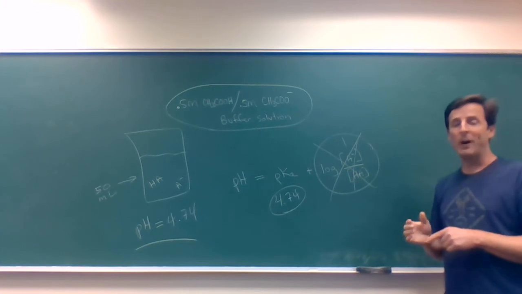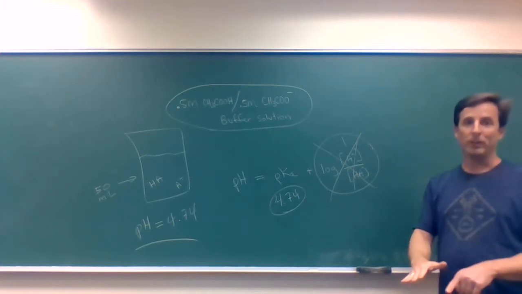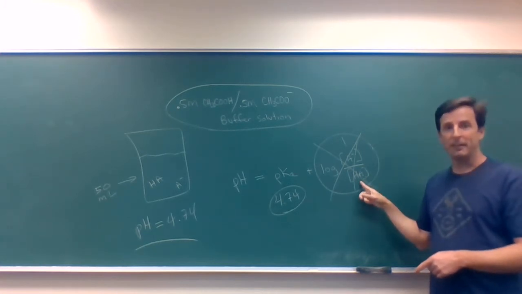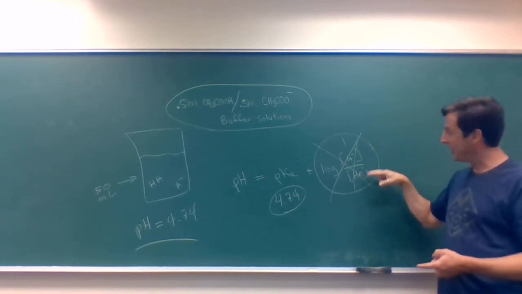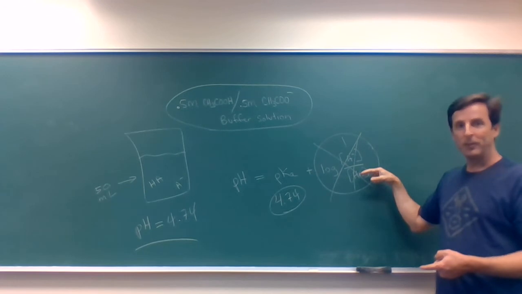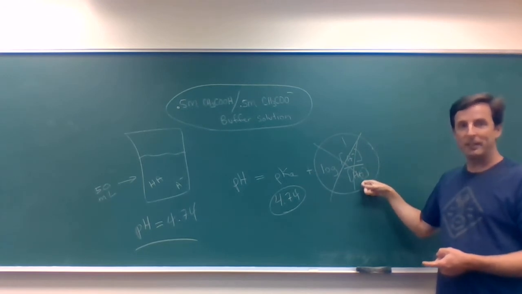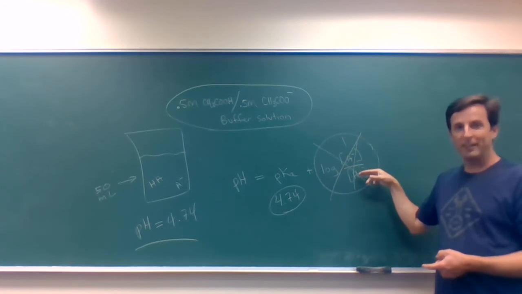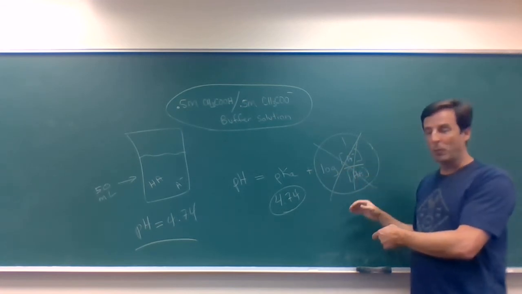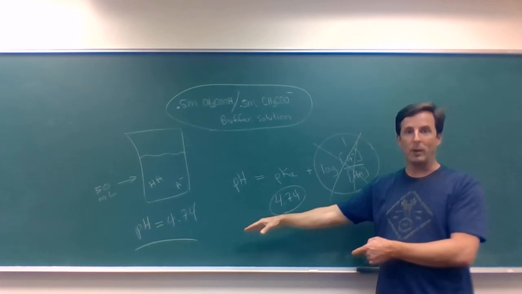Alternatively, if I want to make the pH of the buffer lower, I can increase the amount of HA. Again, the limit that we're allowed to use is about a 10-to-1 ratio there. 10 times as much HA to 1 time A-. The log of 0.1 is going to be -1, which is going to lower the pKa by 1 unit.